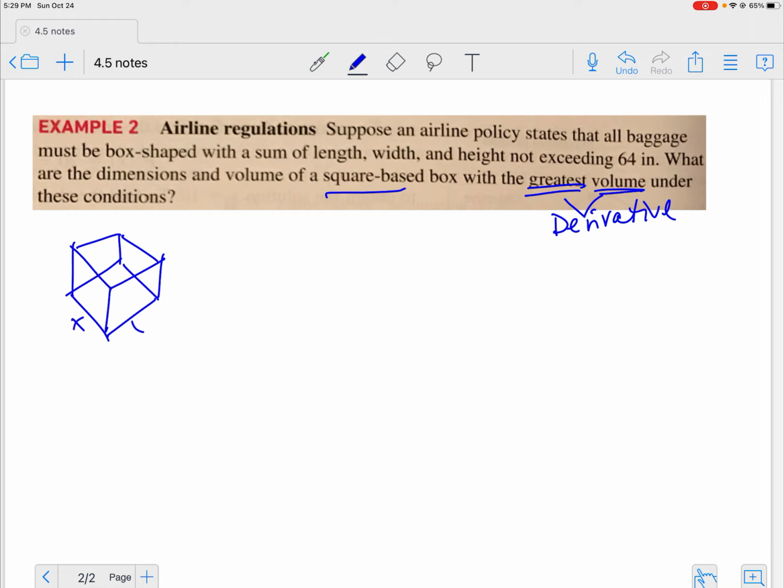The fact that this is square base, I know all of my sides are going to be exactly the same, right? And then I have my height, okay? So whenever I figure out my length, my width, and my height here, not to exceed 64 inches, that means x plus y has to max out there at 64, so we're going to have that equal 64. So 2x plus y is 64.